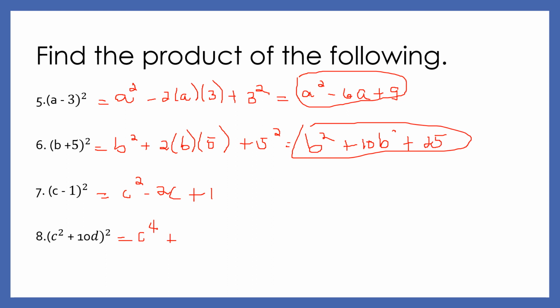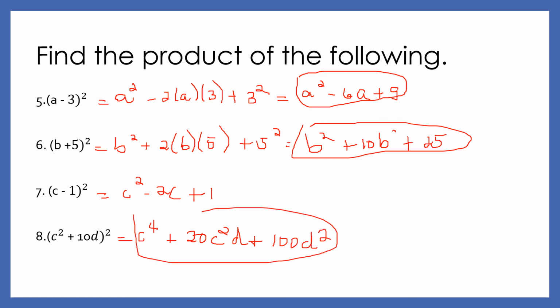Plus 10d times c squared is 10c squared d times 2, 20c squared d. Guys, pag kabisado nyo na yung pattern, madali na lang. 10d times 10d is 100d squared. Okay, yan. Ganyan na kadali.